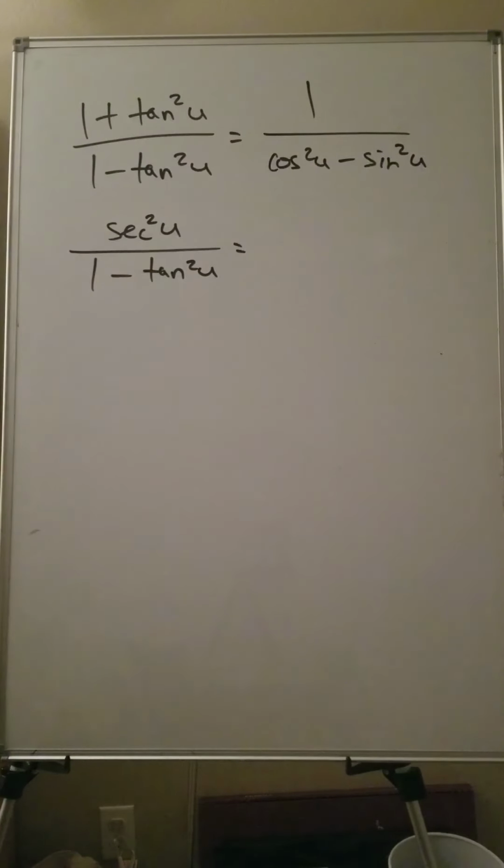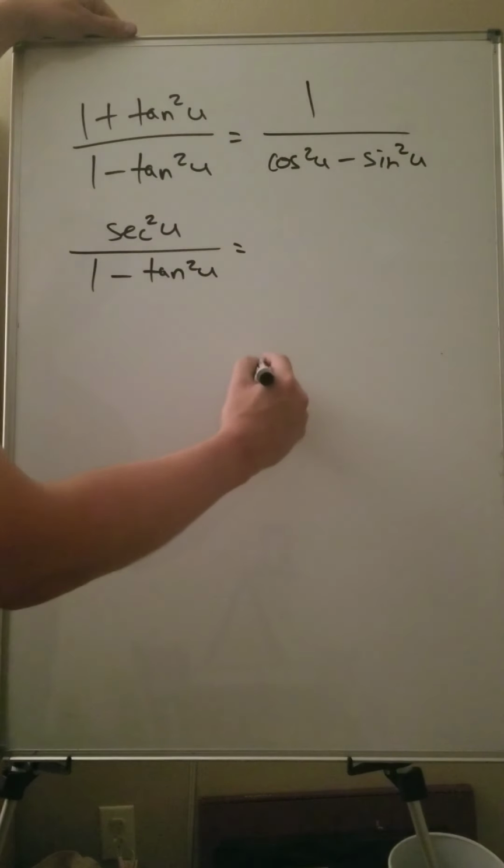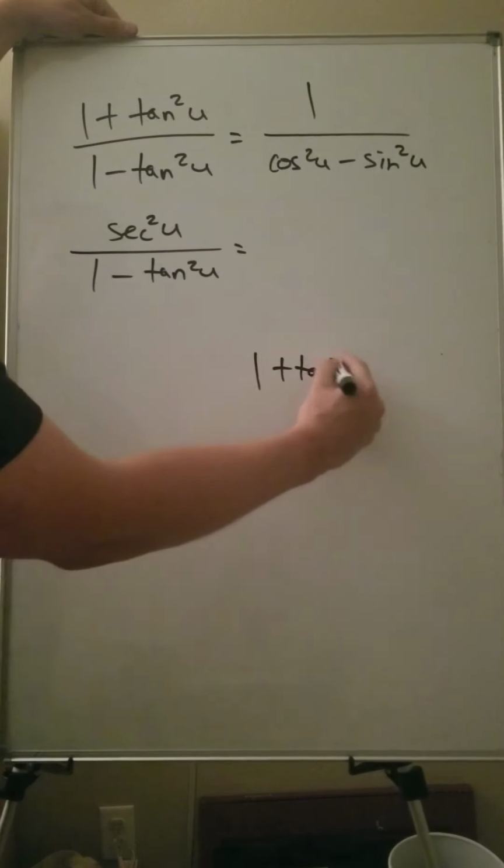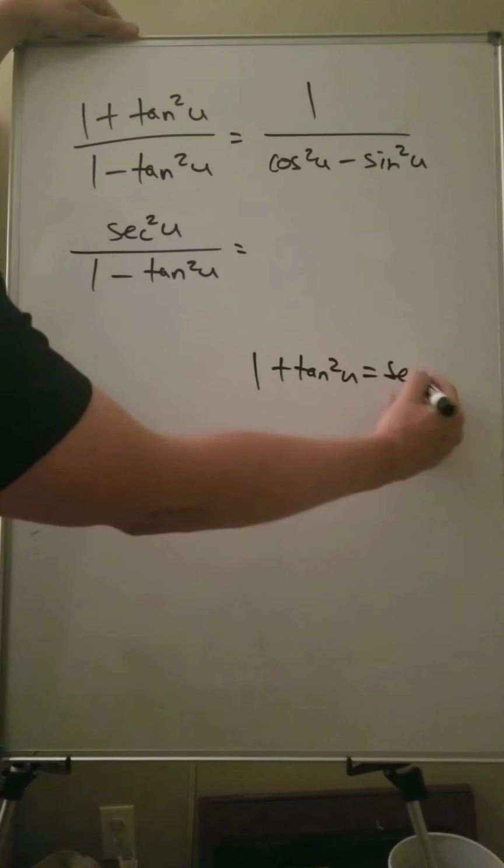1 minus tangent squared. Again, don't see parts of an identity and think, oh, it's slightly different, so I'll just slightly change the other side of the equation. 1 minus tangent squared does not equal, for instance, negative secant squared or anything like that. So before you substitute, make sure you know for sure if you have a valid substitution. Remember, the Pythagorean identity we have is 1 plus tangent squared u equals secant squared u.